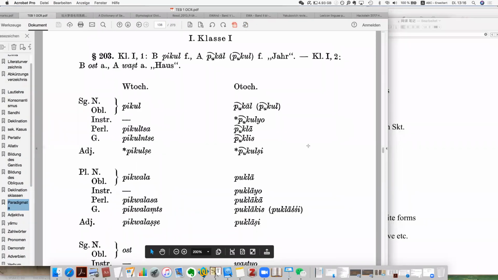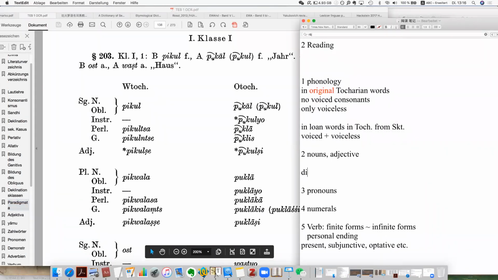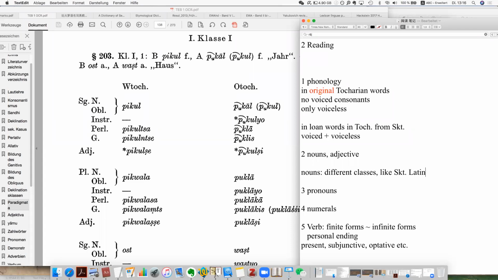Actually, in Tocharian, there are different classes for nouns. Now, keep in mind, just like Sanskrit, and also, of course, like all the other Indo-European languages, like Latin and Greek and so on, of course, there are different classes.